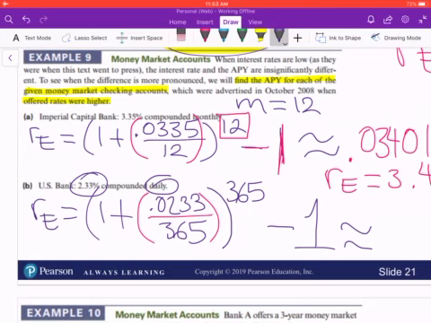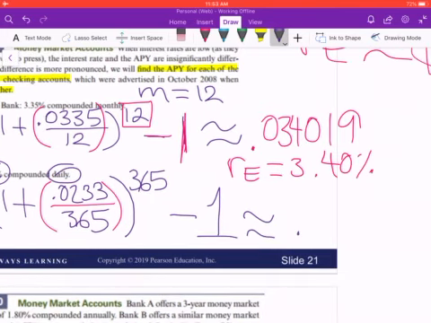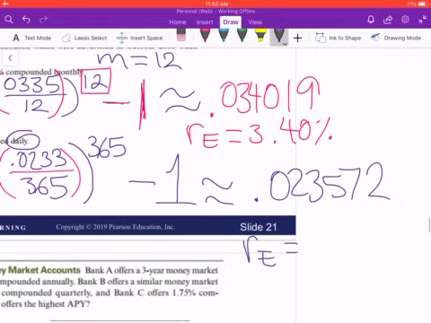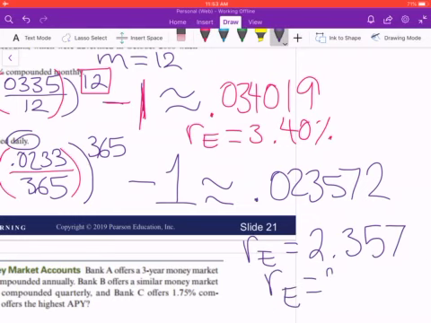And that will give us an effective rate of 0.023572. And if we convert this into a percentage, it will be 2.357%. If we round to the nearest hundredth, then we will say 2.36%.